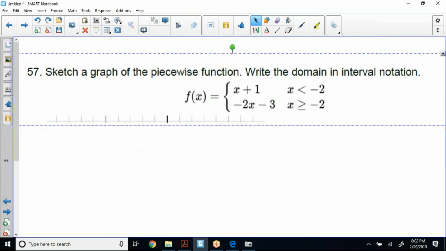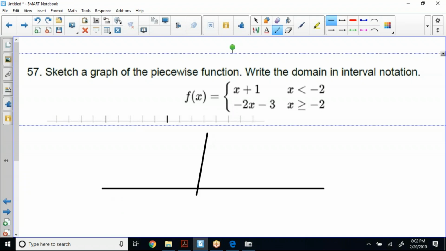Okay, so first off, if I am looking at it from the standpoint of just the X and Y axis, now I'm looking at -2, right?